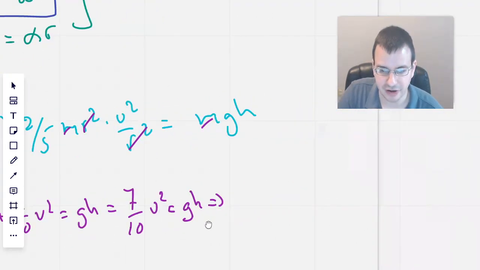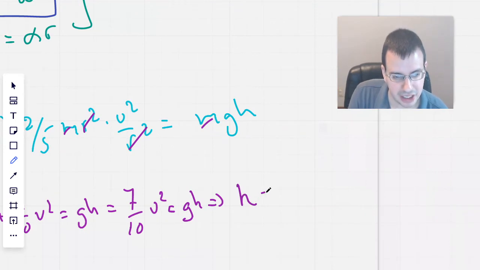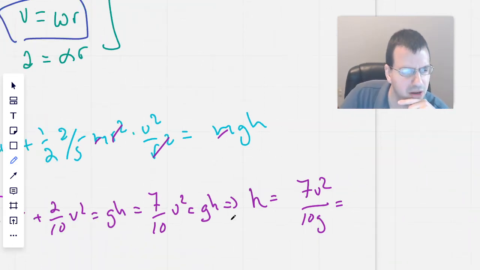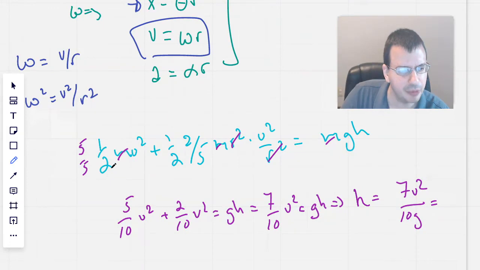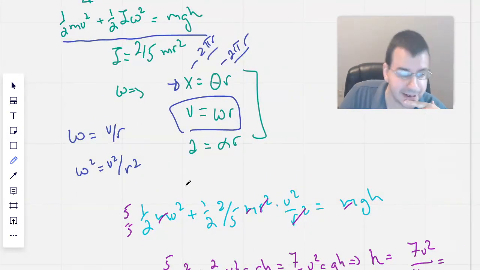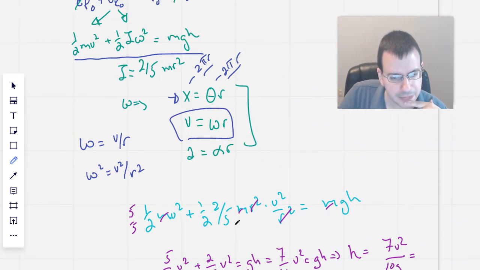Rearranging everything to find h, we have h equals 7v squared over 10g, which is that right? That feels funny. 1/2 mv squared, 2/5 mr squared. Yeah, maybe. Yep. Seems reasonable enough. Okay.